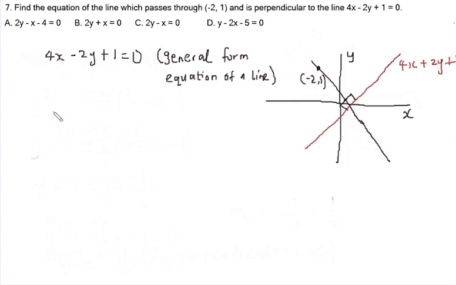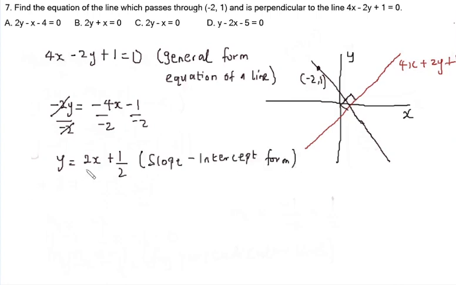To do that, I need to make y the subject of the formula. So I'll be saying 2y is equal to, moving 4x and 1 to the other side, -4x minus 1. Dividing both sides by -2, this cancels out this, and then y is equal to -4 divided by -2 is 2x plus half. So this is now our slope-intercept form.